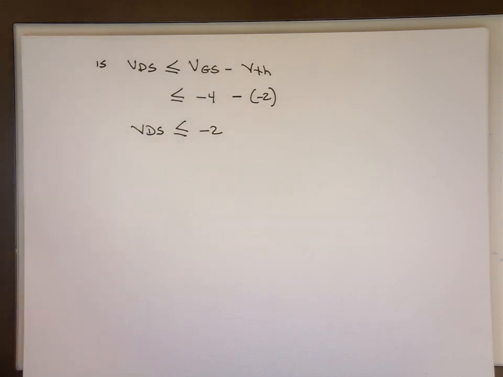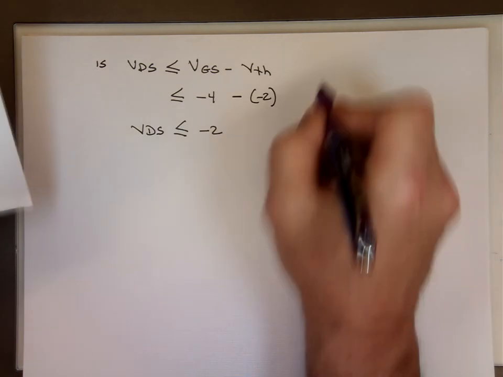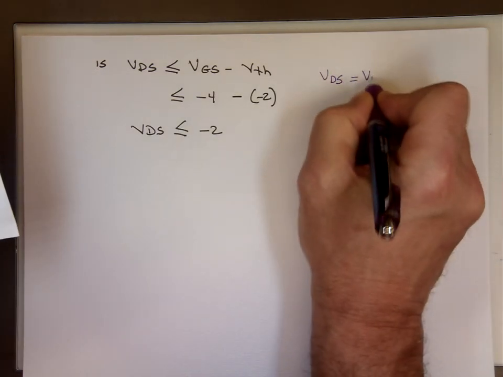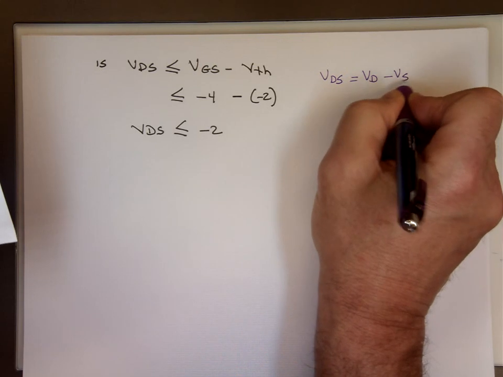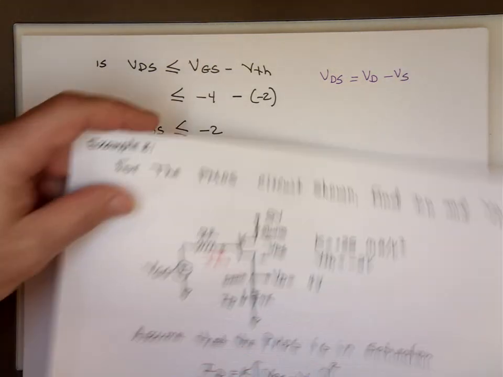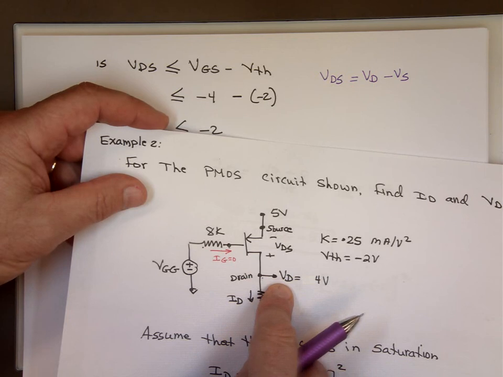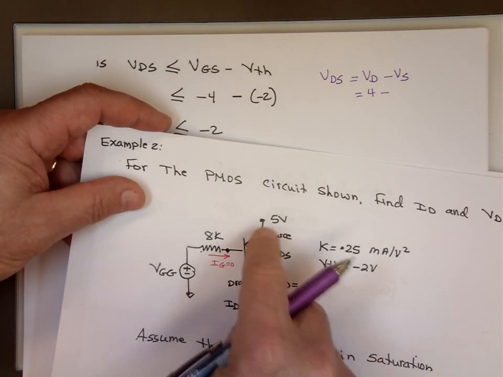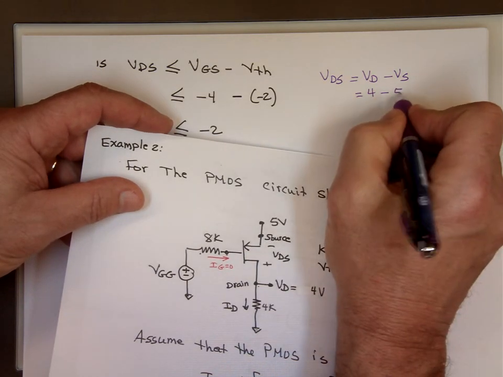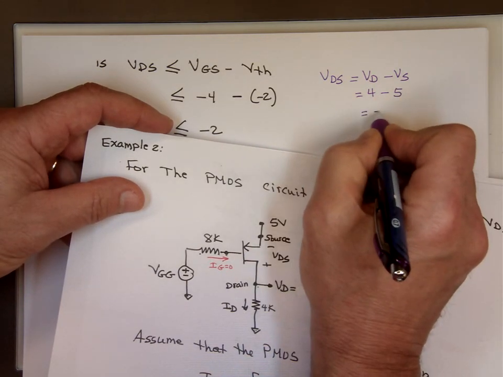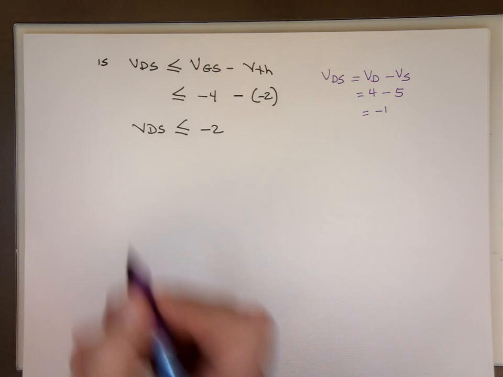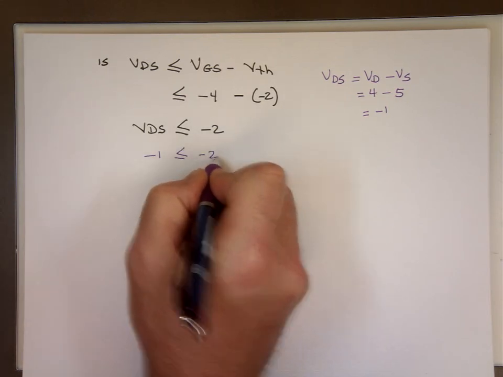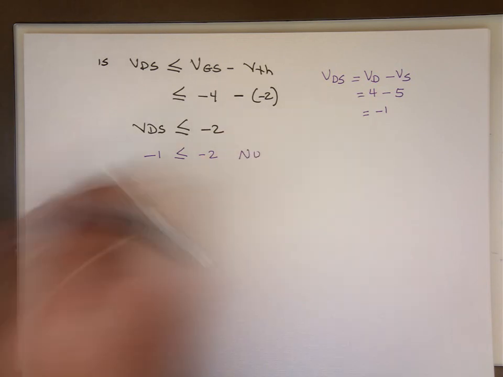Well, we need to know what VDS is. VDS is equal to VD minus VS. Let me go back to my circuit. This is the drain, and the voltage here is 4. This is the source, the voltage here is 5. And what's my VDS? -1. So now the question: is -1 less than or equal to -2? The answer is no. What does that mean?